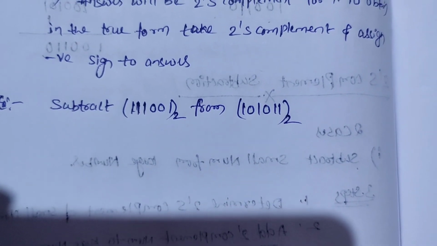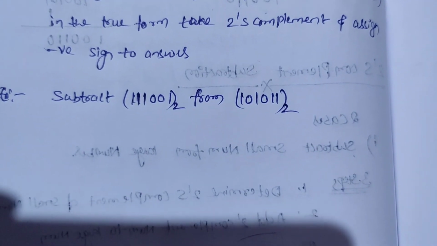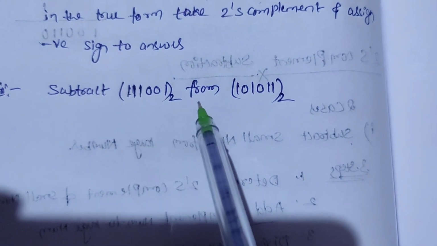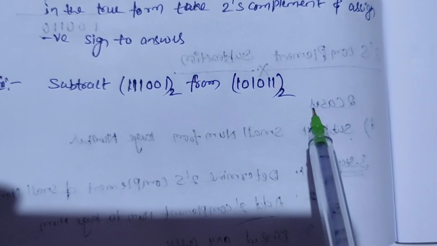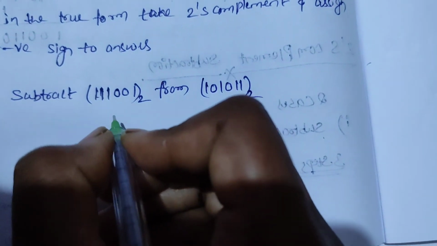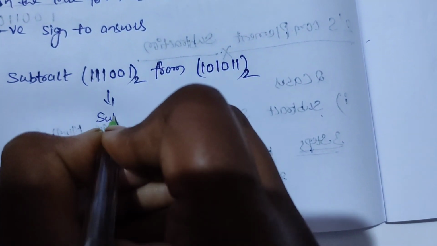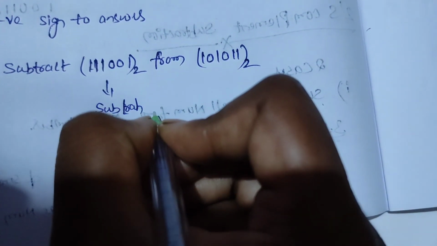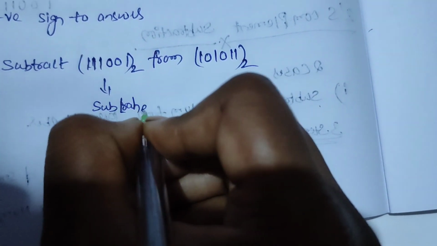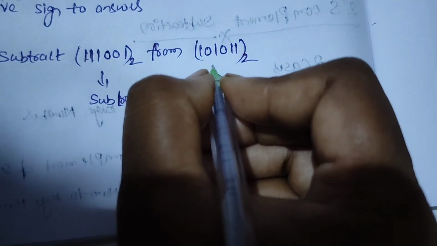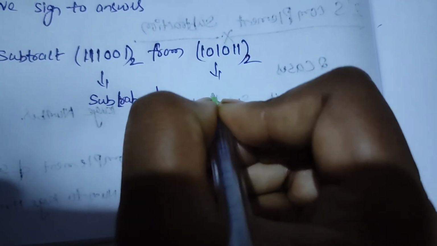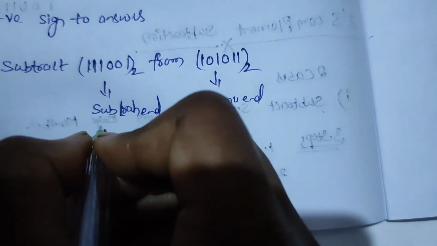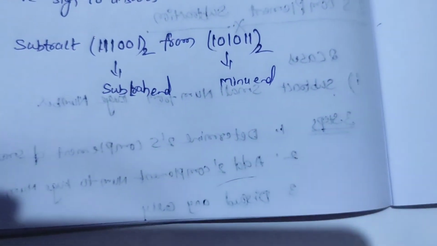To see case 2, we will solve an example. The example is subtract 111001 from 101011. This is the subtrahend. The number which is being subtracted is the subtrahend, and the number from which it is subtracted is known as the minuend. For this subtrahend, we need to do the 2's complement.